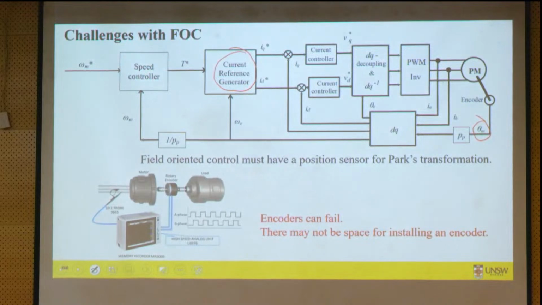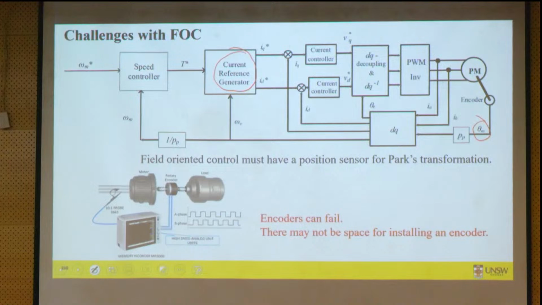And that alternative is usually to have a position estimation as well along with the encoder. So for EVs, they usually also have a position estimator along with the encoder, so that in case the encoder fails, at least that position estimator can provide some kind of buffer.